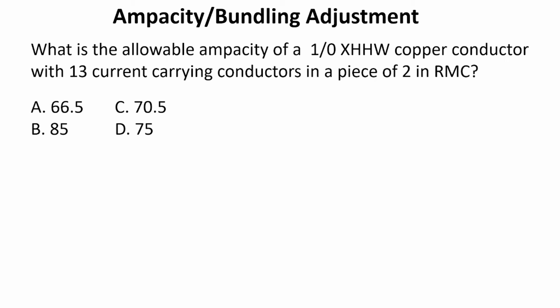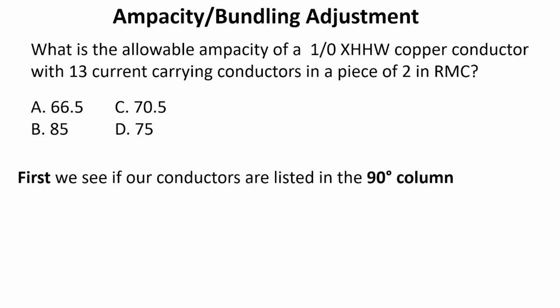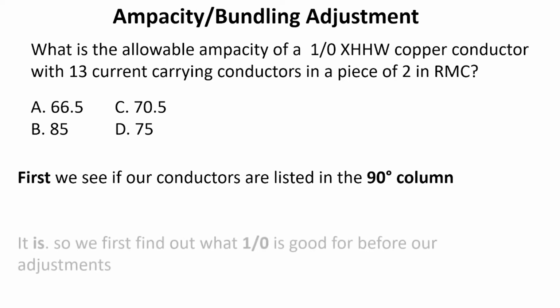What is the allowable ampacity of a 1/0 XHHW copper conductor with 13 current carrying conductors in a piece of 2-inch RMC? First thing we need to do is see if our conductors are listed in the 90 degree C column. We look up and we find XHHW, so we can select from that column before we do our adjustments.